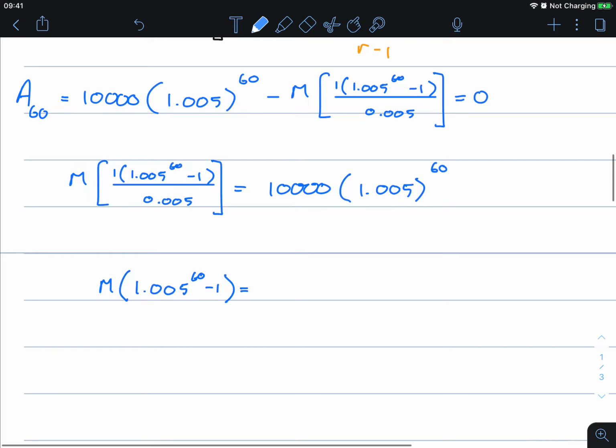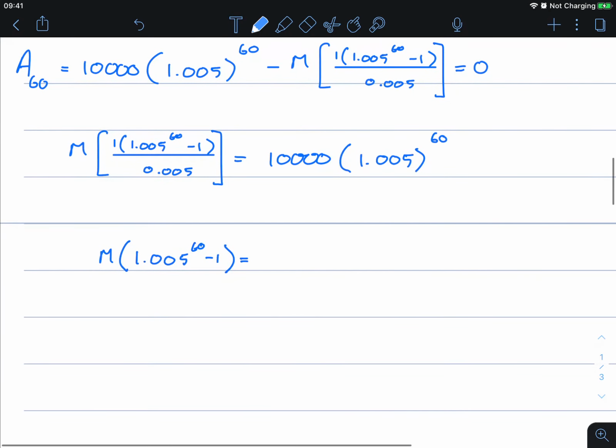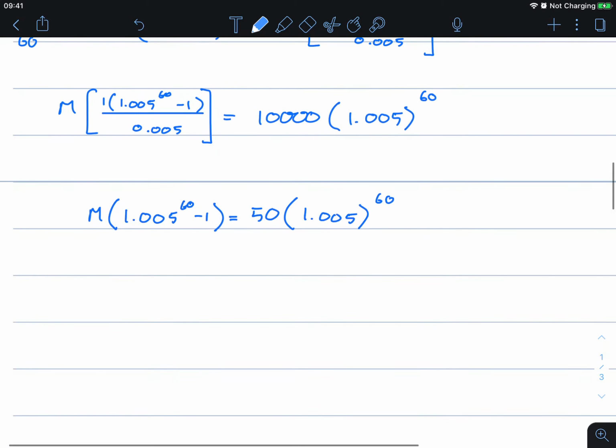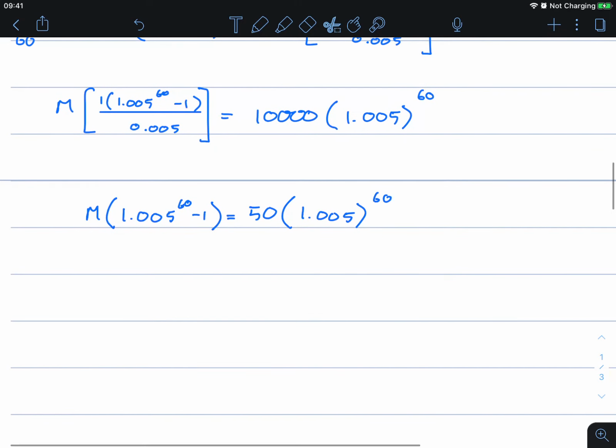Using a calculator, I've got one right here. It's going to be 10,000 times 0.005. It's going to be 50 outside of 1.005 to the power of 60, dividing by this expression as a denominator like this.